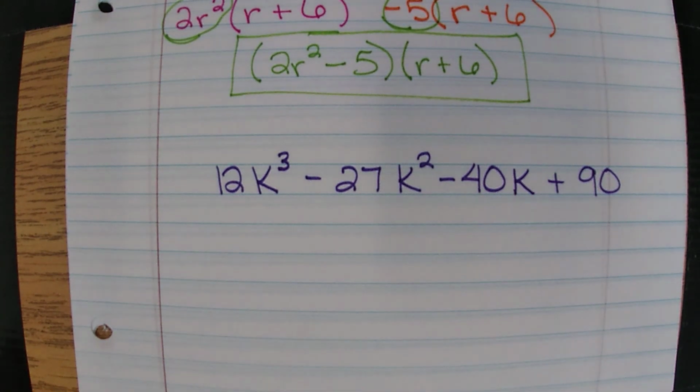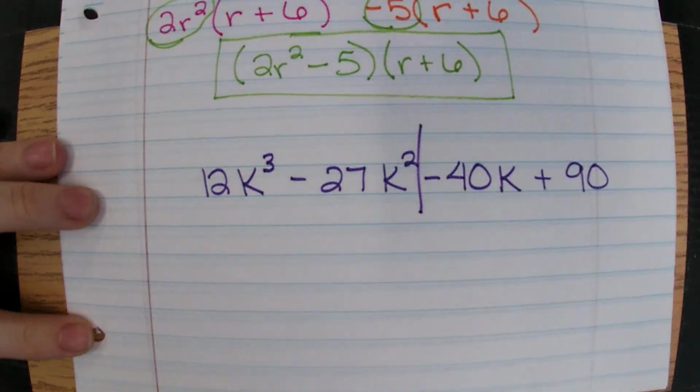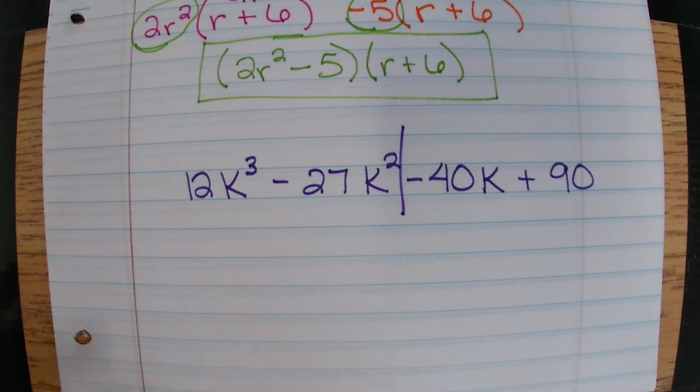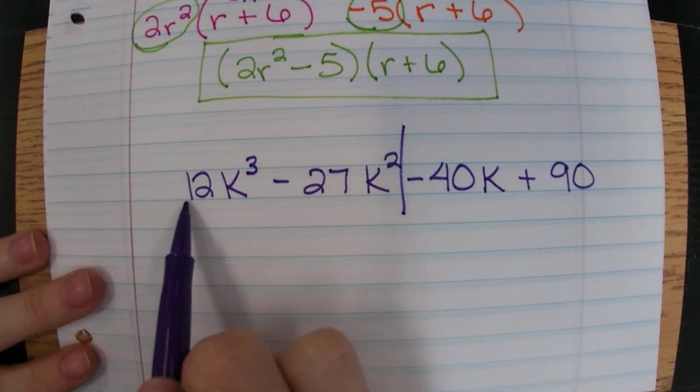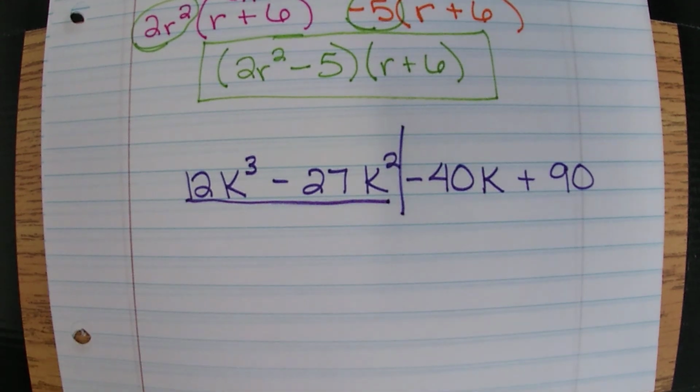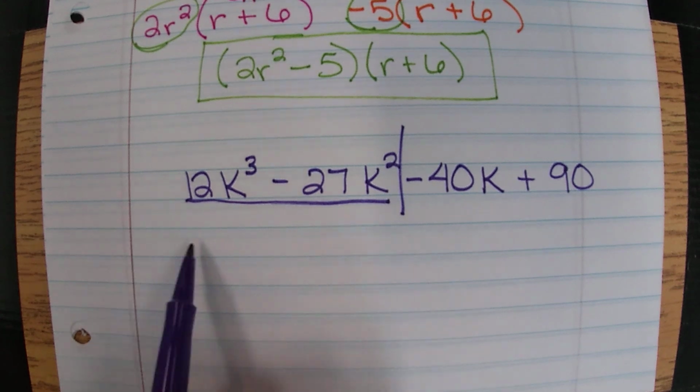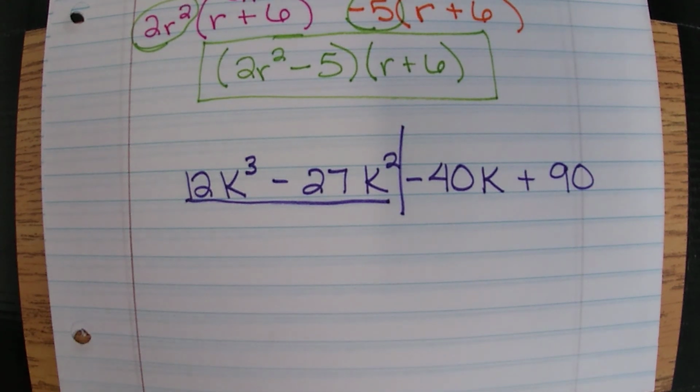So if we want to factor this by grouping, we're going to split it in half. The left-hand side, this first part that we do, we're going to do just like normal. So we want to think of what goes into 12 that will also go into 27. These numbers are slightly bigger, so if you miss something and you have to divide more than once, it's fine. Just make sure you're multiplying and writing the full GCF out in front.